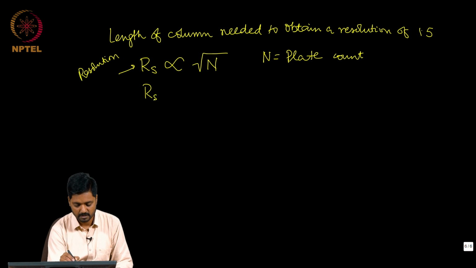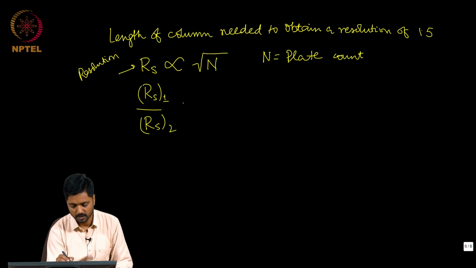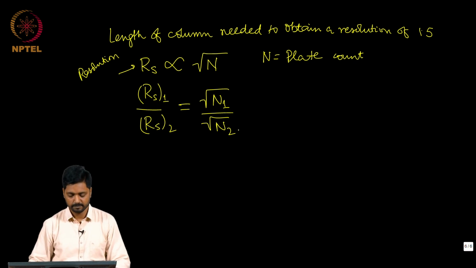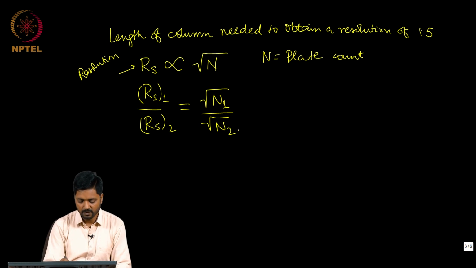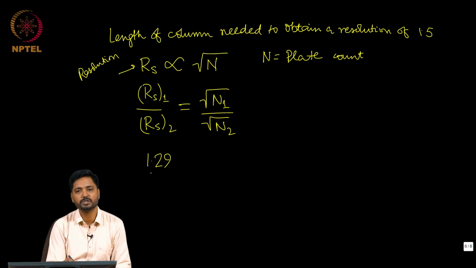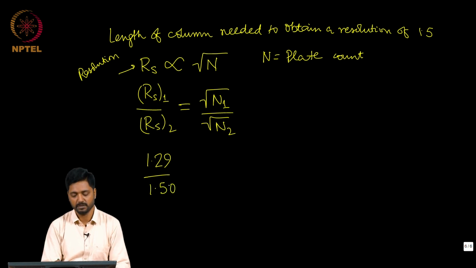So, we can rewrite this as resolution 1 by resolution 2 is equal to the square root of N1 by the square root of N2, where RS1 is the resolution that we currently have, which is 1.29, and RS2 is the resolution that we are seeking, which is 1.50.